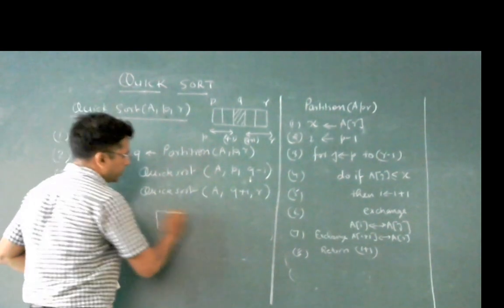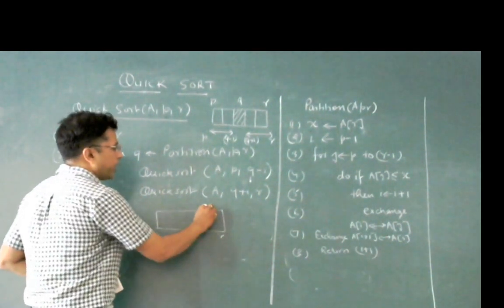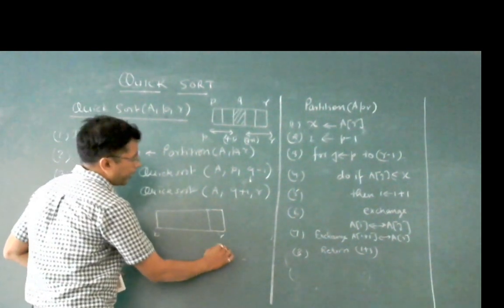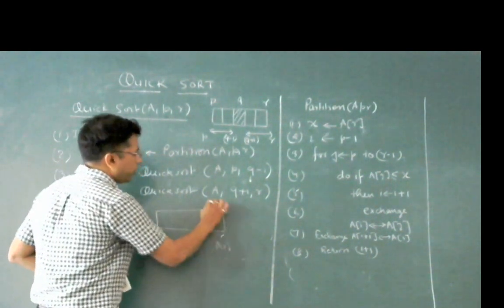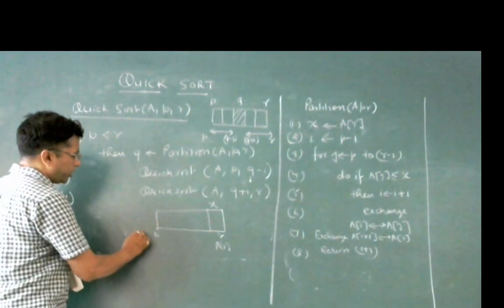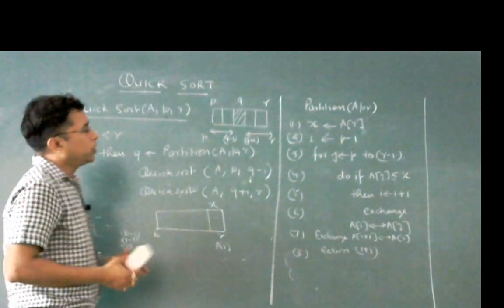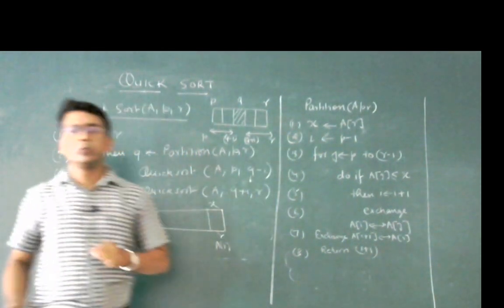Here, this is the array, P is here and this is R, and the element at position AR is equal to X, and P starts from here, and P minus 1 is equal to 1 minus 1 equals 0. So I will initialize with value 0.